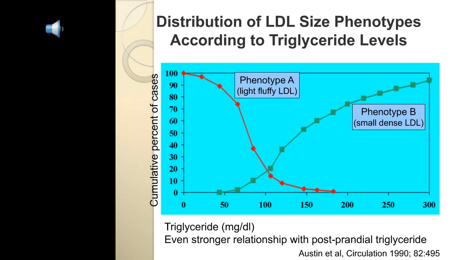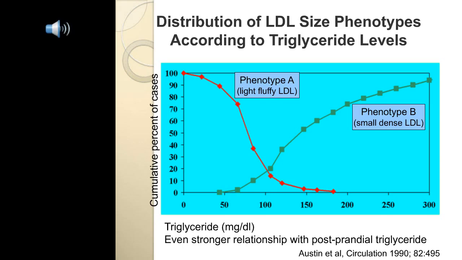And therefore, we might mainly expect to see small, dense LDL particles in patients in whom the triglyceride level is elevated. This means that there would be a question as to the value of doing LDL particle size in situations where triglyceride elevation is not present.